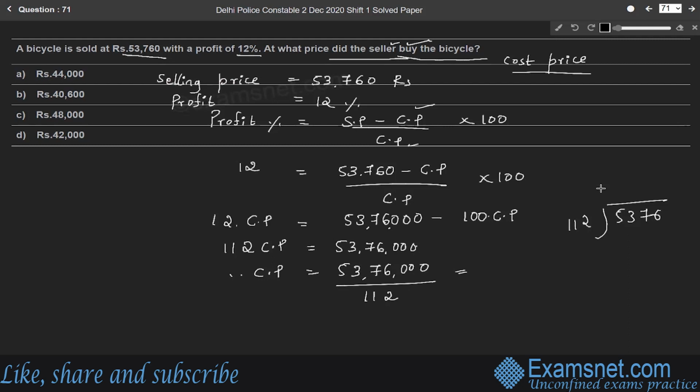So it is 112 into 4, 448. So 896 is the remainder. 112 into 8 is 896. Therefore, it is 48,000. So cost price of the bicycle is 48,000 rupees. Option C is the right answer.